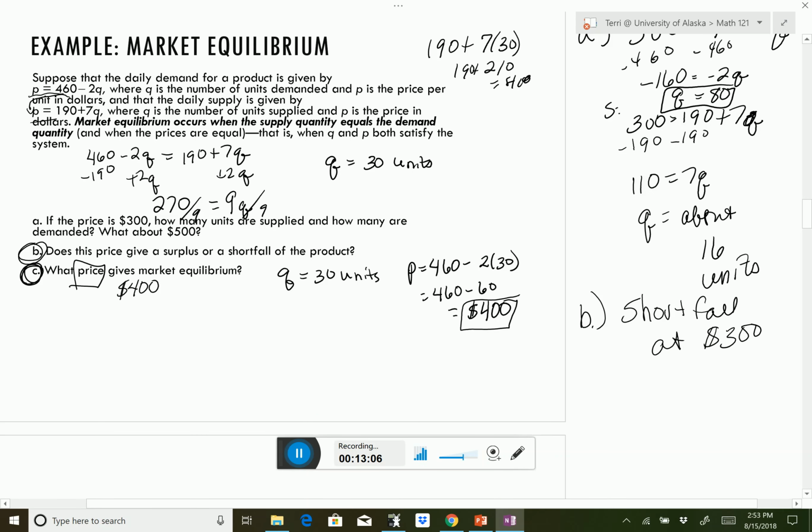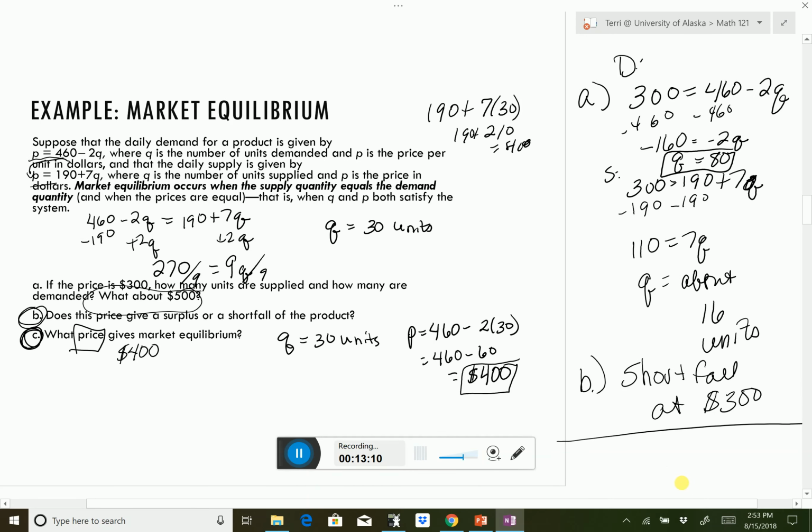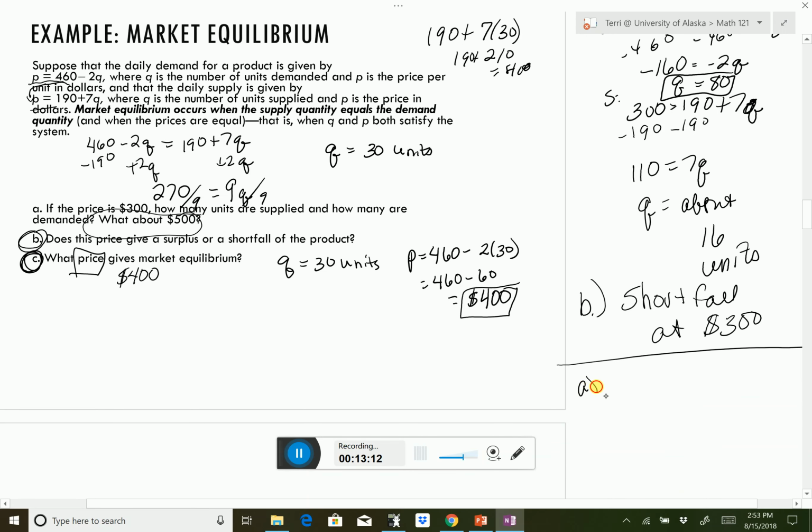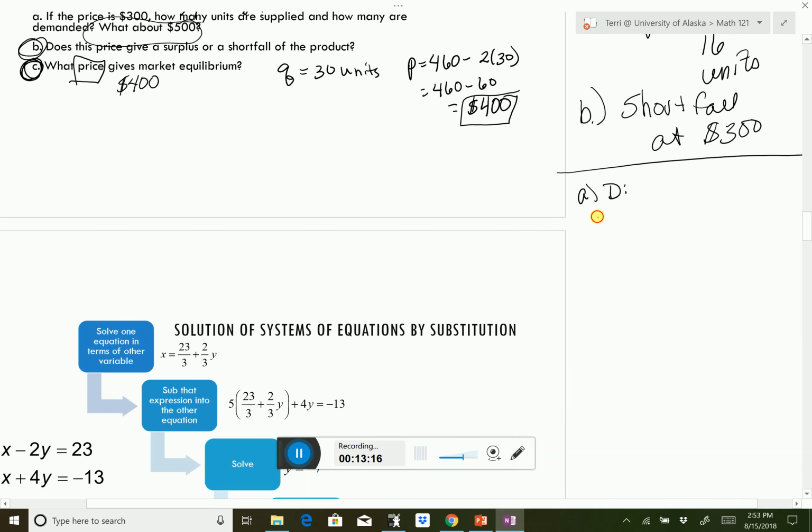So let's see what happens at about 500. So what happens at 500? So the demand would be 500 equals 460 minus 2Q. Supply, 500 equals 190 plus 7Q. So let's solve this equation. Here we have 40 equals negative 2Q.